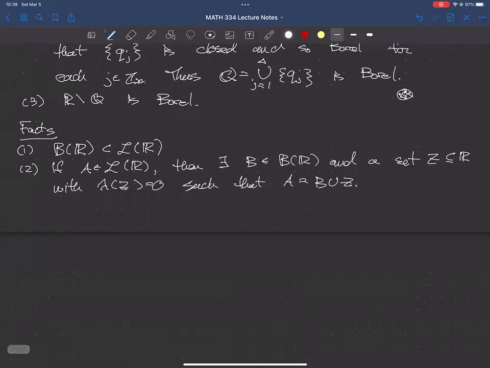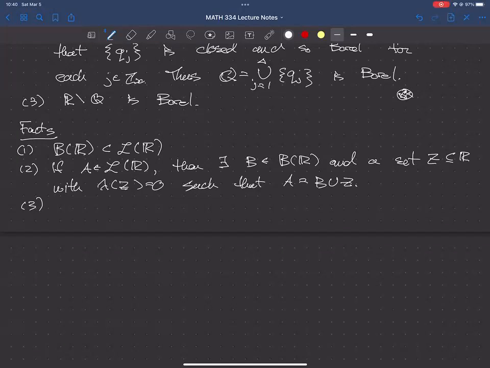Okay, so the way to think about what I'm doing here is that this is good news. That's not such good news. This seems to be better news, sort of recovering from the fact that not every Lebesgue measurable set is Borel. And then we'll close off with some bad news.